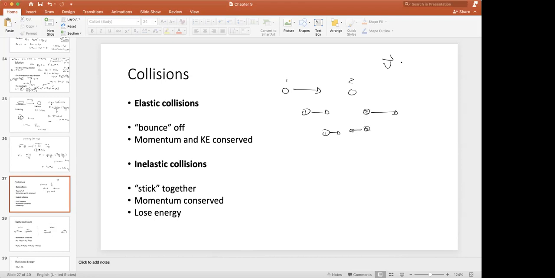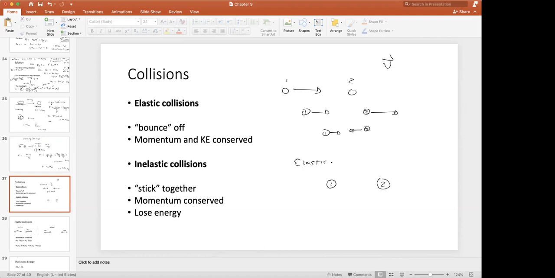In an inelastic collision, and I hate that, elastic makes sense, you know, they bounce. Inelastic, I wish they would call it stick together or sticky collision or something. But in an inelastic collision, the 2 masses hit. So this is elastic, right?